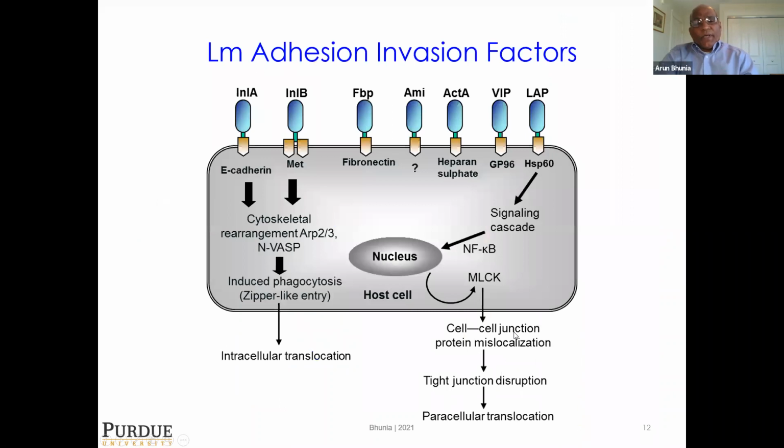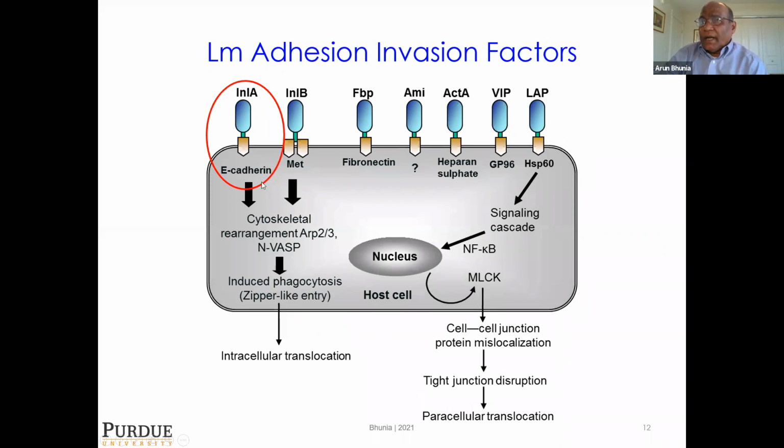So having this information, now we are looking at how Listeria uses different virulence factors to attack epithelial cells and invade this epithelial barrier. I think that's where we're trying to look into a little bit more detail. One of the well studied proteins is Internalin A as well as Internalin B. As I said, Internalin A interacts with E-cadherin, that's the receptor.